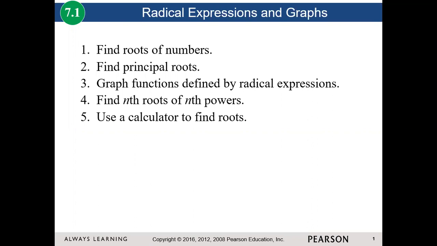I hope that you had a chance to look at the video that I posted last night, finishing up chapter 6, and that you've had an opportunity to look at your exponent rules. You might want to pause this video right now and go grab your favorite calculator. It should have the ability to do roots.